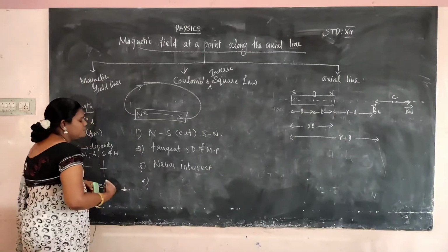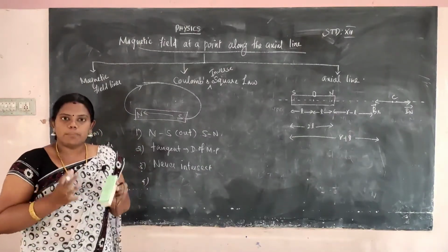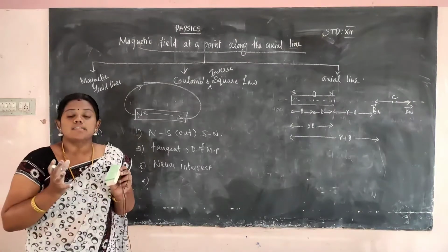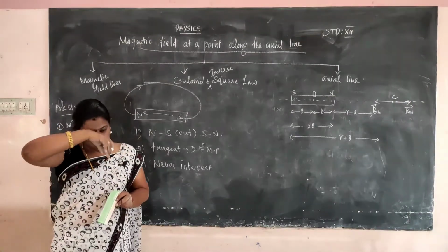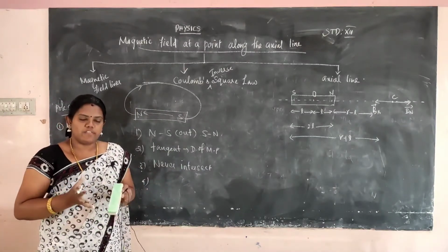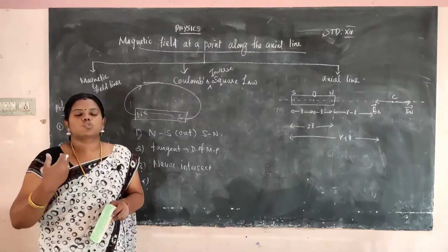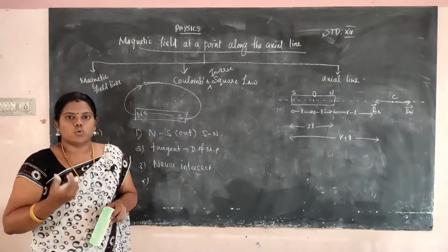Fourth point: where the magnetic field lines are crowded with one another, the magnetic field strength is strong. Wherever the magnetic field lines are close together, the magnetic strength is strong.